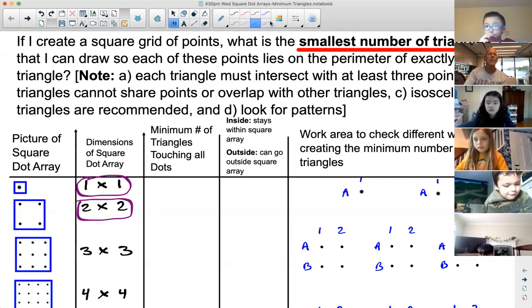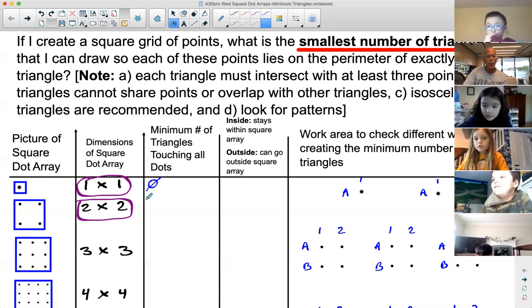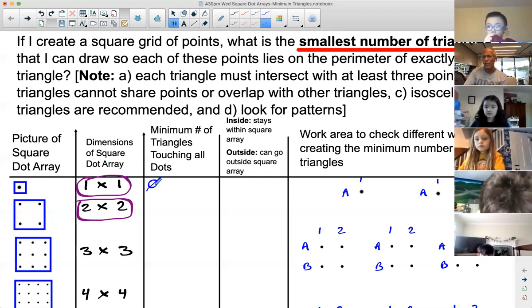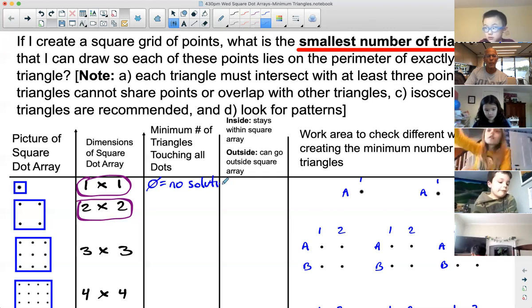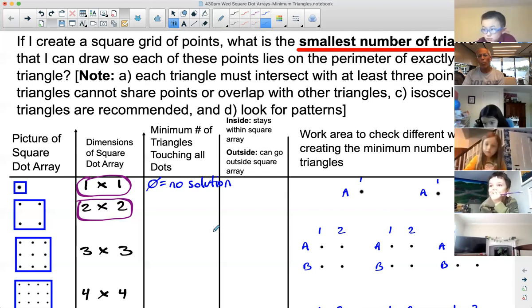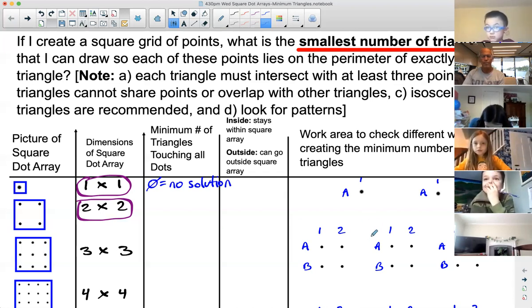Yeah. Guys, what we say is we put a 0, everybody put a 0 with a line through it. That's called no solution.